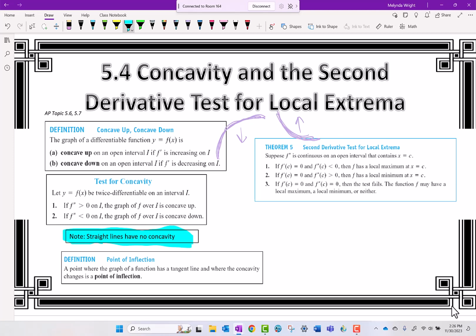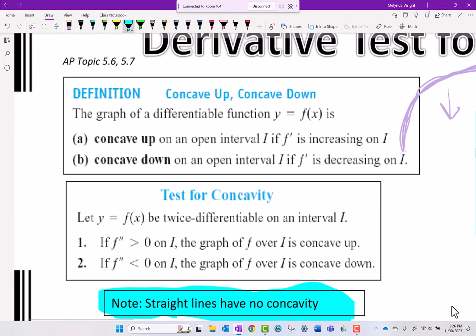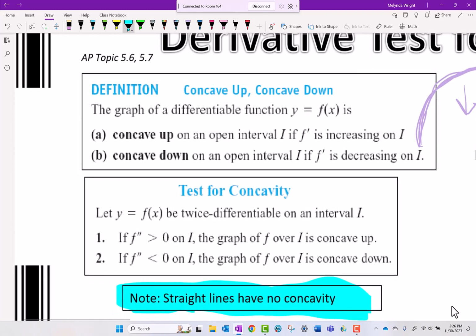There are two ways to determine whether a function is concave up or concave down. Let's focus on these for just a moment. The first way is the definition of concavity.